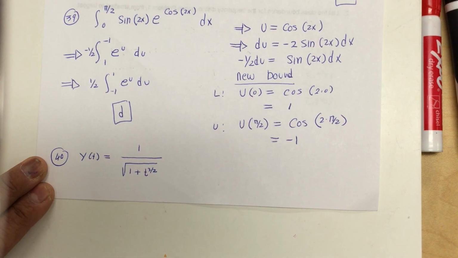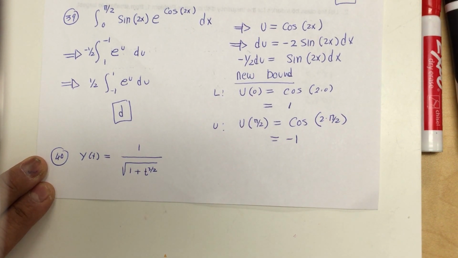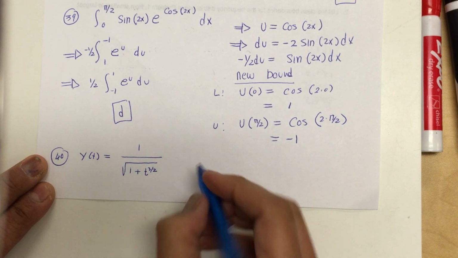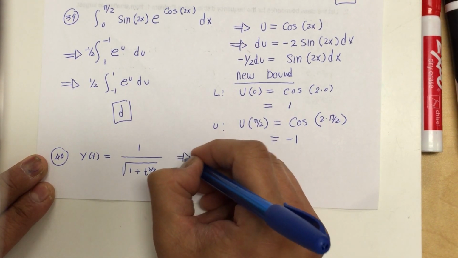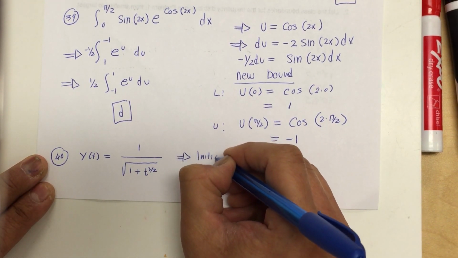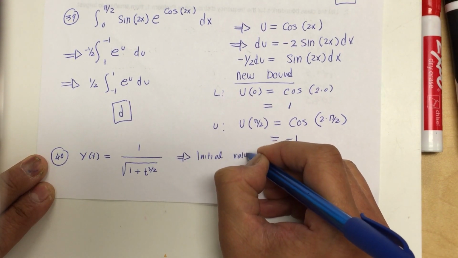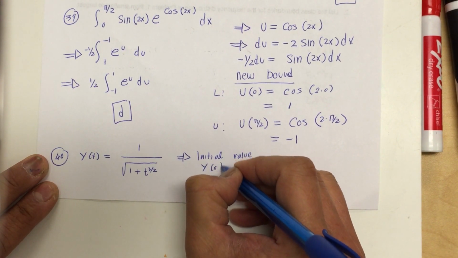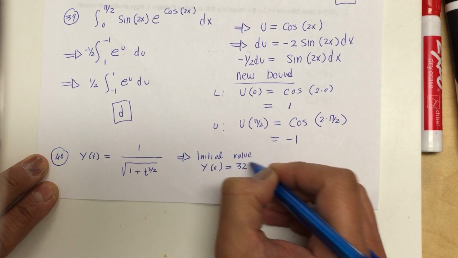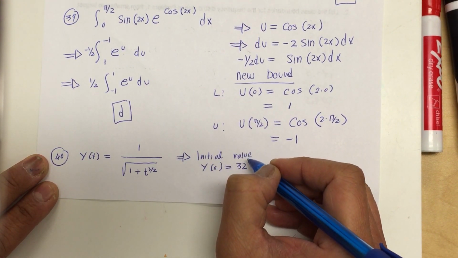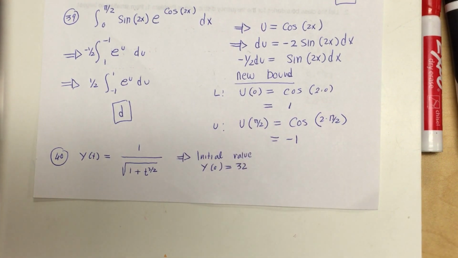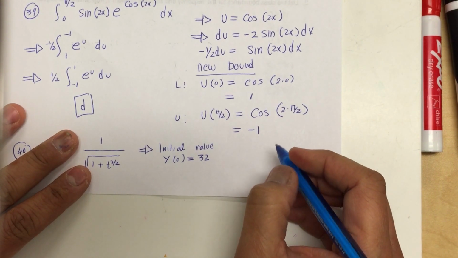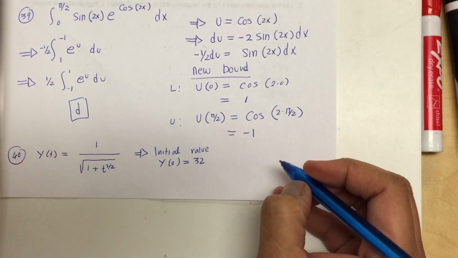And it says that if there are 32 ounces in the bottle at time 0, so they give us our initial value, the fact that at time 0 there are 32 ounces. That's our initial value, and it's dripping. So how many ounces are left after 5 minutes?